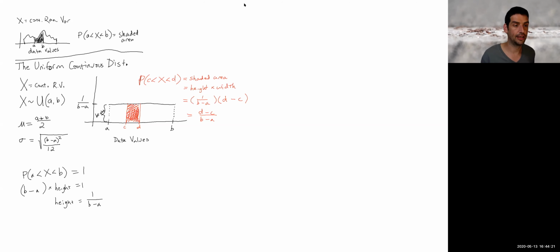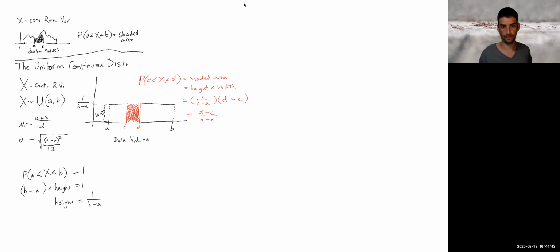This is like my A, this is like my B. So this becomes the probability of waiting more than 8 minutes and more than 3 minutes, divided by the probability of waiting more than 3 minutes.